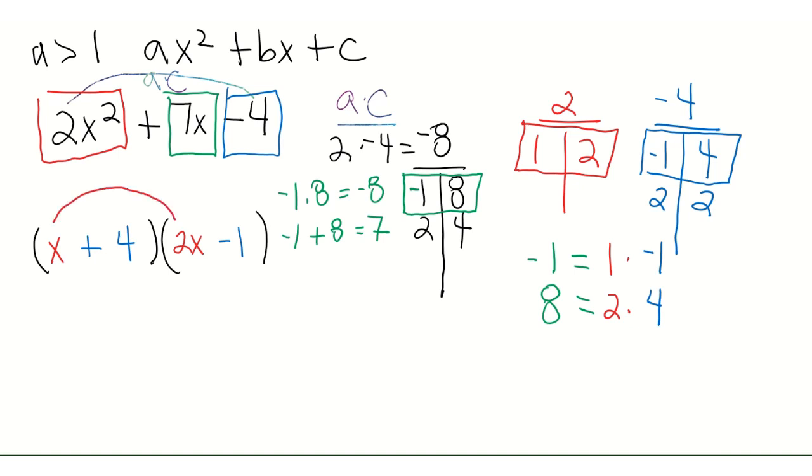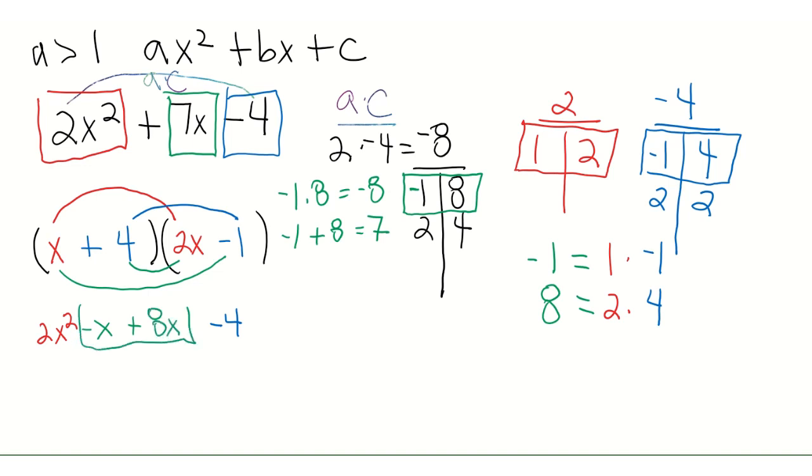x times 2x is going to give me a 2x squared. Then I'm going to do the last. 4 times a minus 1 is going to give me a minus 4. Then I'm going to do my outer and inner. x times a minus 1 is going to give me a minus x. Plus 4 times 2x is going to give me an 8x.